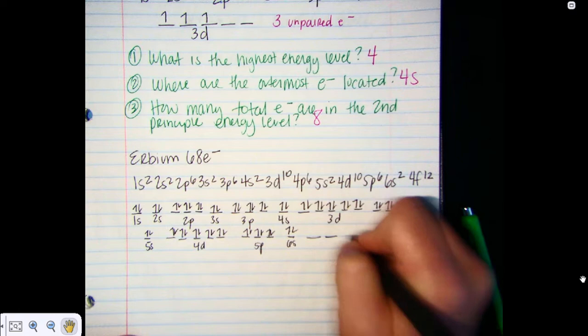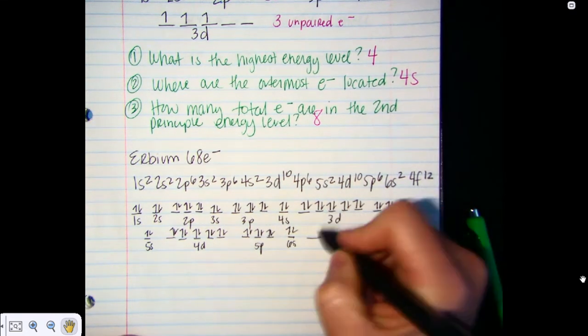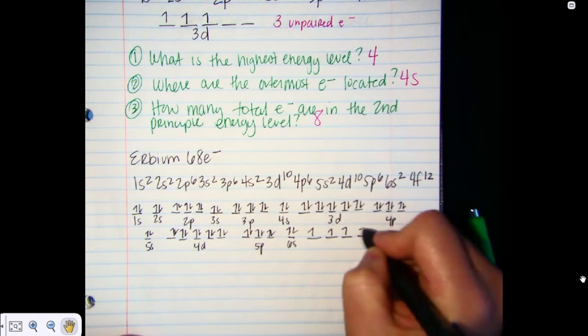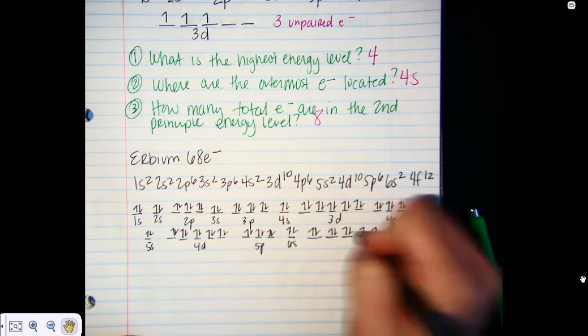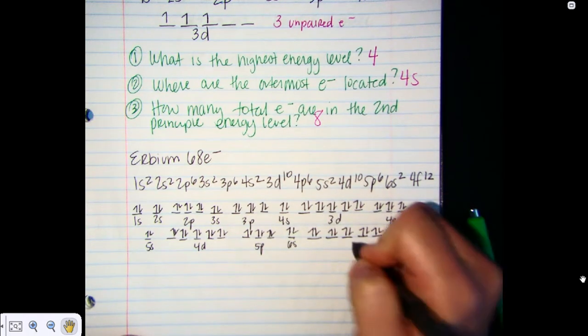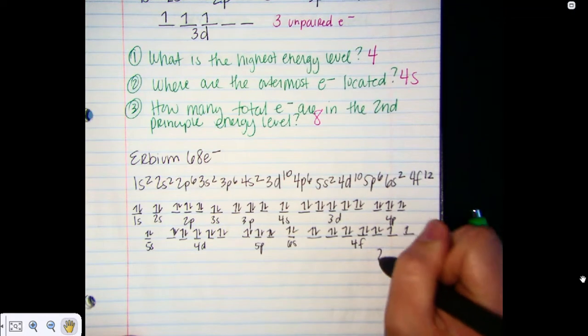F has 7 orbitals, and we've got 12 electrons. So 1, 2, 3, 4, 5, 6, 7, 8, 9, 10, 11, 12. 4f, and how many unpaired electrons? 2.